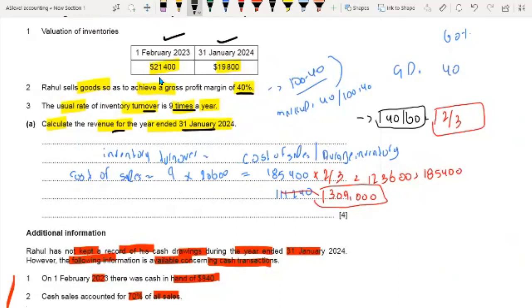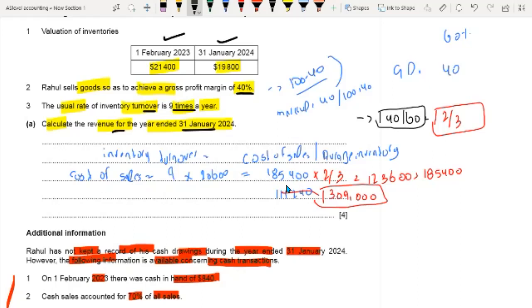Basically, I have deducted the opening inventory from the closing and divided by two, because you can find out the average inventory by doing this. So average inventory is 20,600. Okay. So this would be equal to 185,400. So this would be the answer for cost of sales.